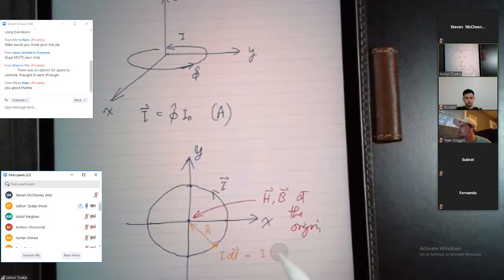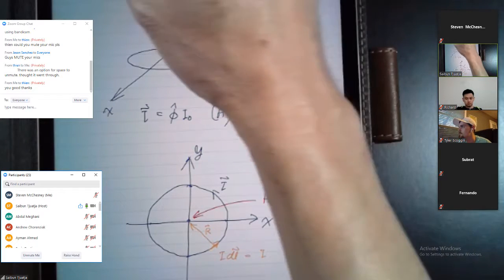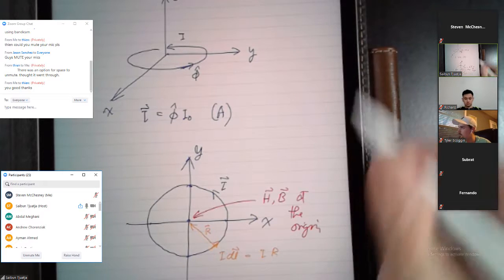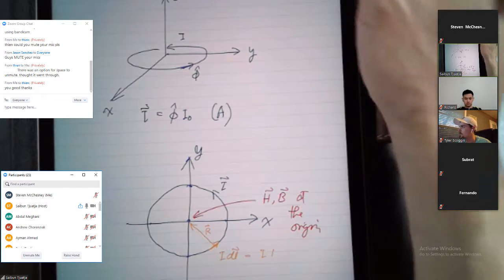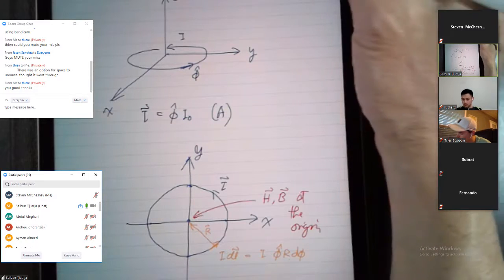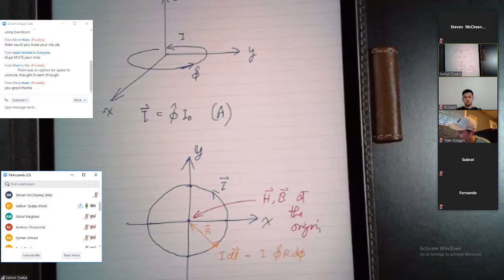Let me do this. dl is phi hat times r d phi. That's dl. This differential length vector has direction phi hat, and its length is r d phi, the differential element of phi. R is given because it is the radius of whatever loop you have.